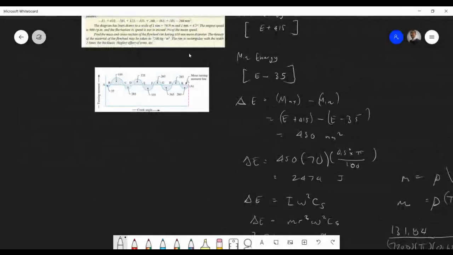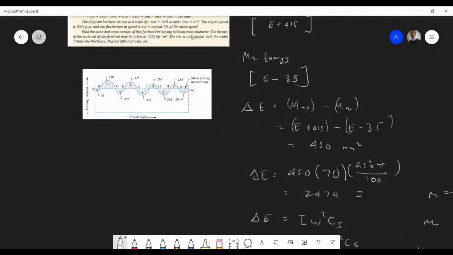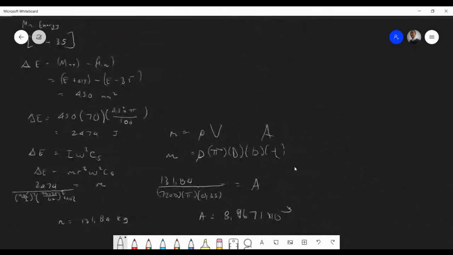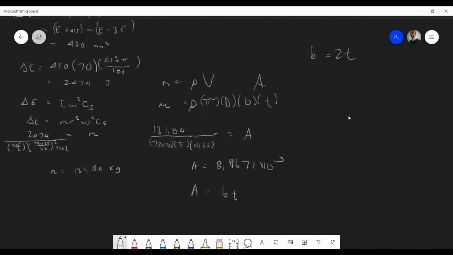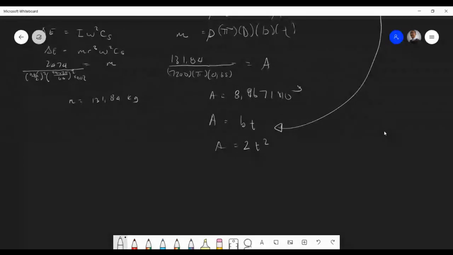But they stated here that your rim is rectangular and the width is 2 times the thickness. So B, we just replace, and we end up with 2t squared. That's a typical thing which they give. That's 8,976.1 times 10 to the power negative 3, divided by 2 in the root, and then we can find the thickness of our rim.